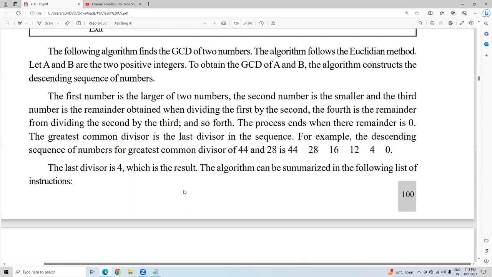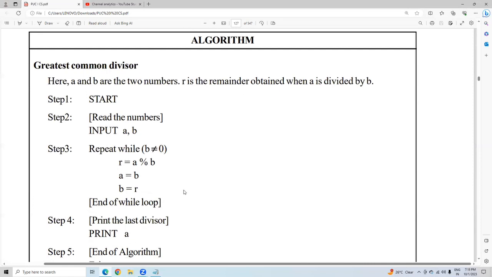Now the explanation about it. Greatest common divisor. There are two numbers given, A and B. So you need to find the greatest common divisor. For that, see what they have done. Repeat while B not equal to 0.